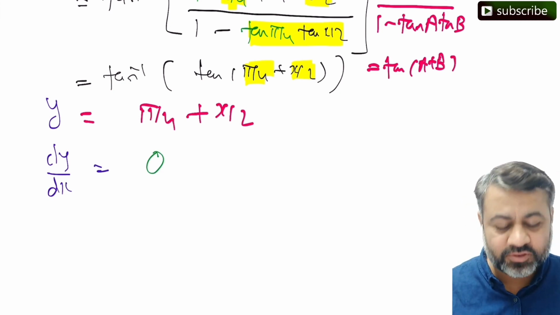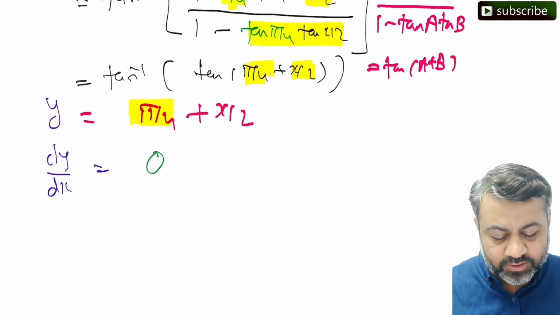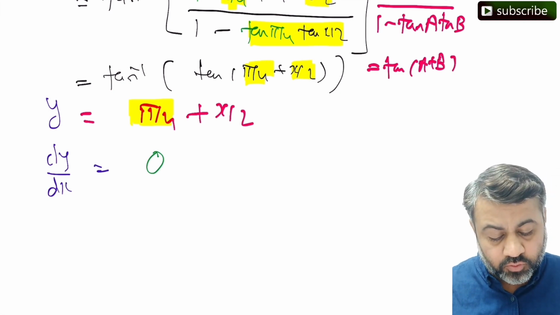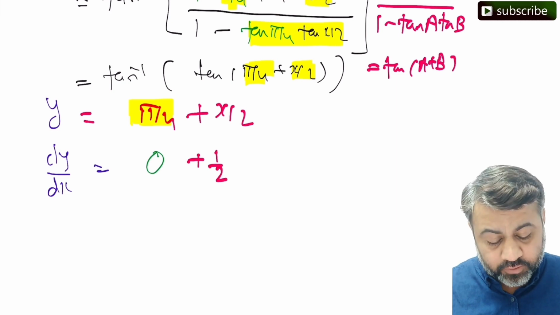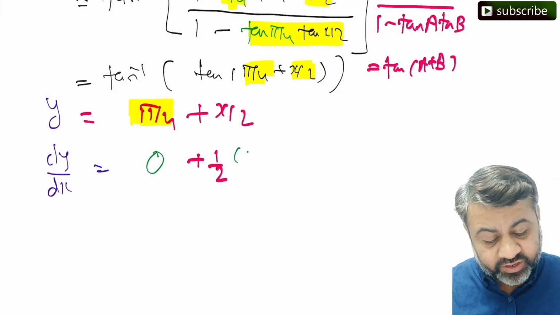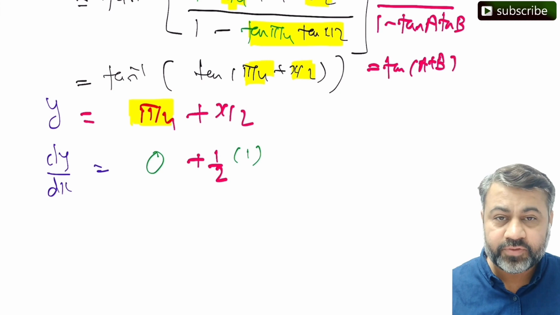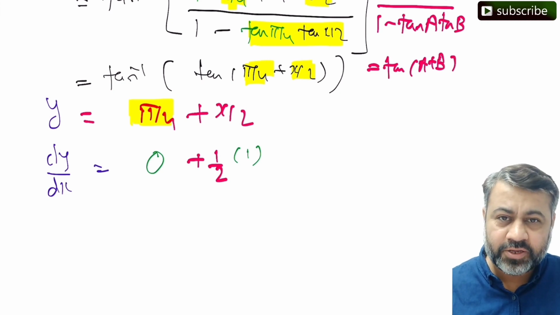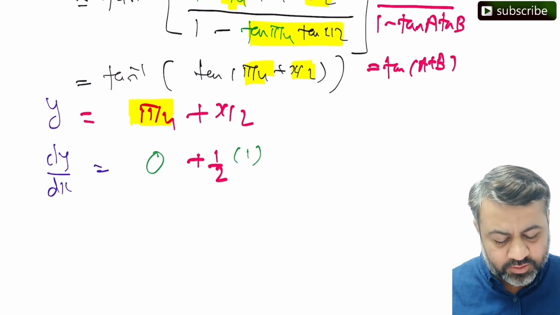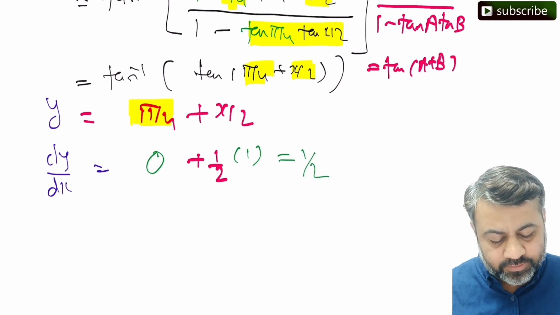Why? Because it's a constant, right? Pi by 4 being constant, derivative of a constant is 0. What we do next is keep this half as it is and take the derivative of x. Derivative of x is 1. Constant and variable: keep the constant as it is, take the derivative of the variable. So half as it is, derivative of x is 1. Finally, what we get is half.